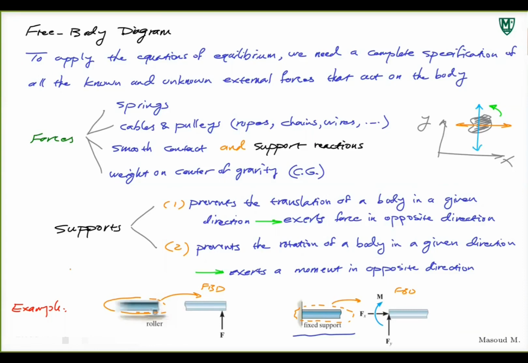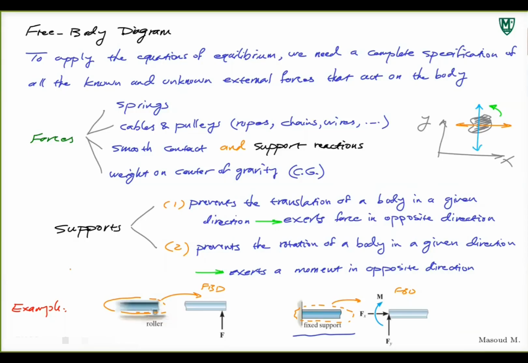I have to put another force in this way because it cannot move in X, it cannot move in Y, and it cannot rotate either. So I have to put a moment in the opposite direction. If I try to rotate it this way and remove this support, I have to put a moment in the opposite direction to make sure it cannot rotate.